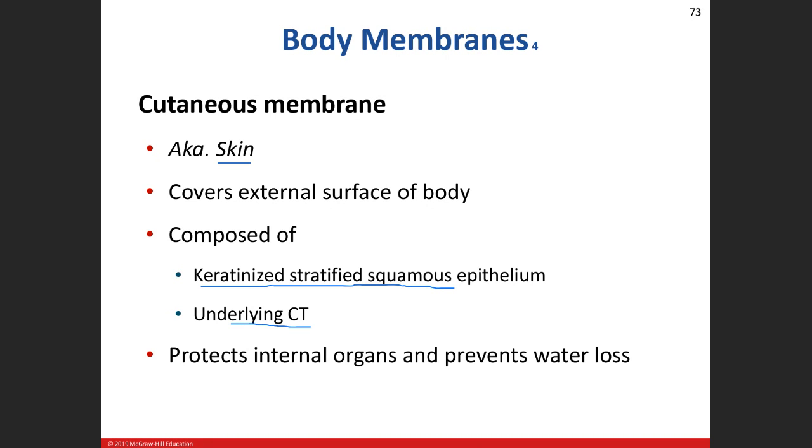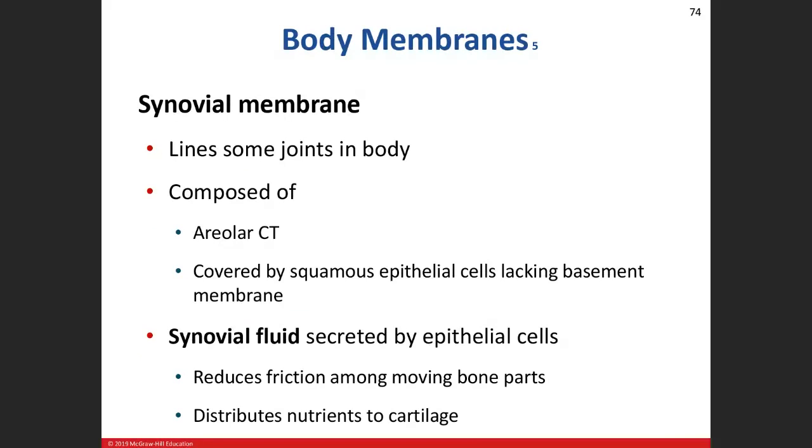Its main function is protection and prevention of water loss, and it protects the organs underneath. One of the organs that sits underneath your skin is your skeletal muscles, amongst some of the other named organs that live inside the thoracic cavity, the abdominal cavity, and whatnot. Even your bones are actually considered an organ.